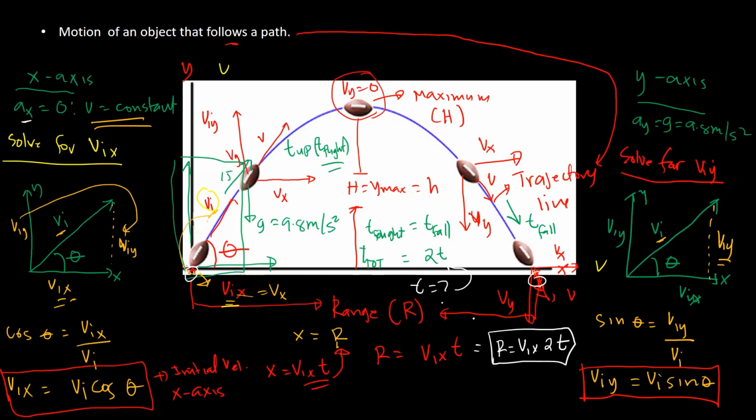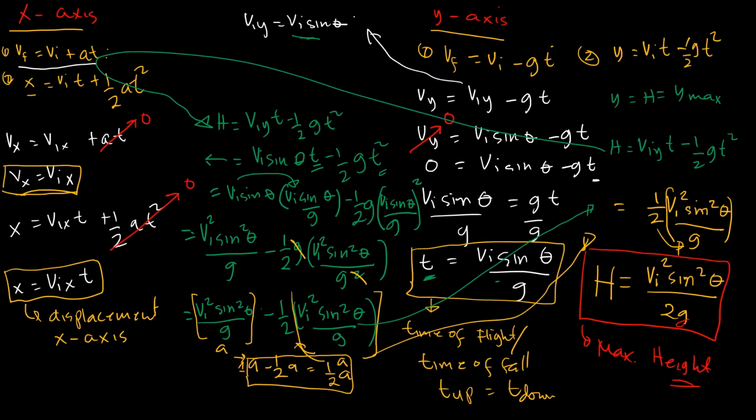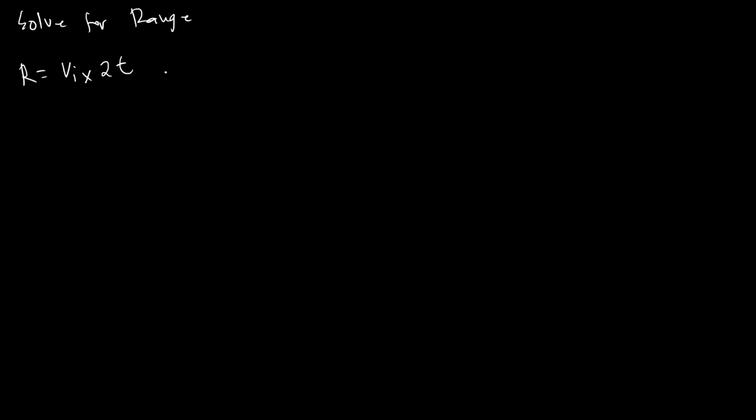From this equation here, since v sub i x is equals to v sub i cosine theta, this becomes v sub i cosine of theta times 2.